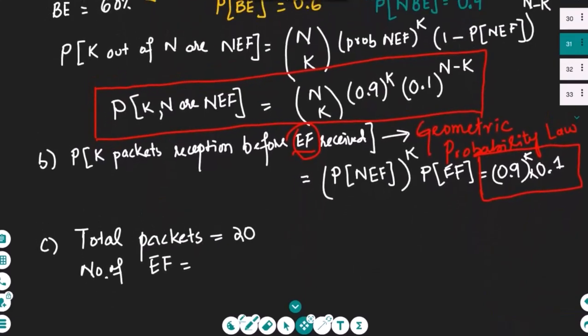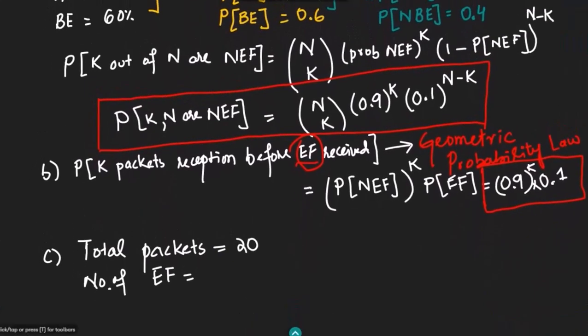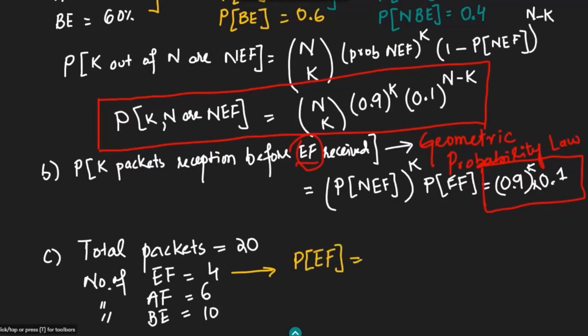Okay, so these are here 4, number of AF are 6, and number of BE are 10. Okay, so on the basis of this data, we can also find out the probability of expedited forwarding, and that would be 4 divided by 20, which is 1 over 5 or 0.2.